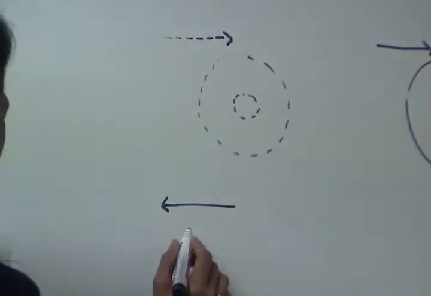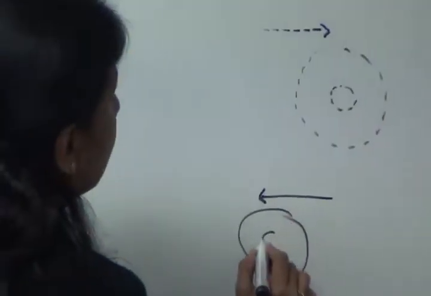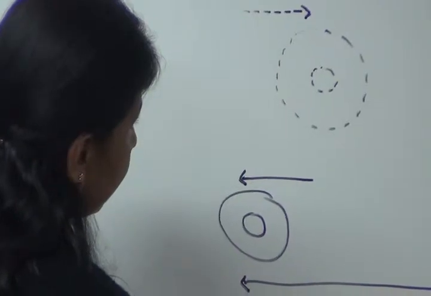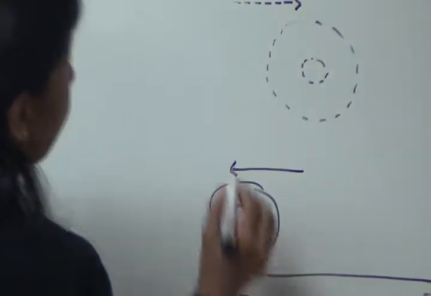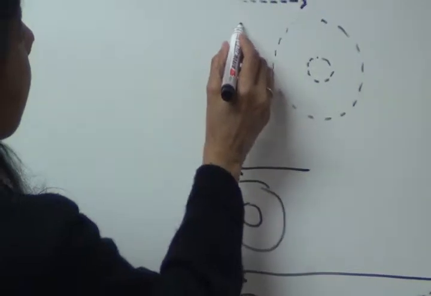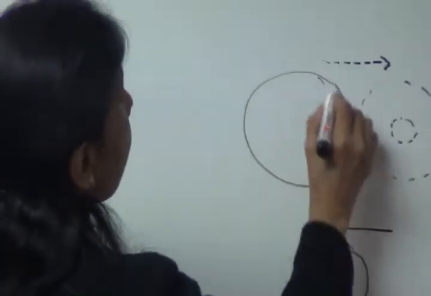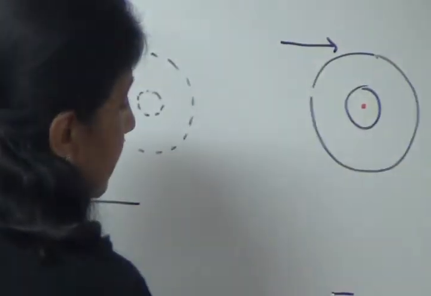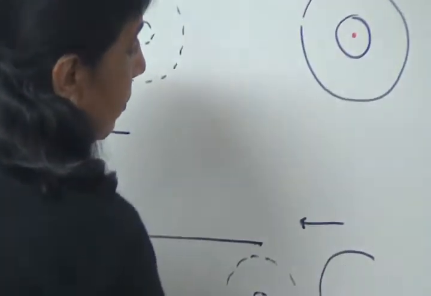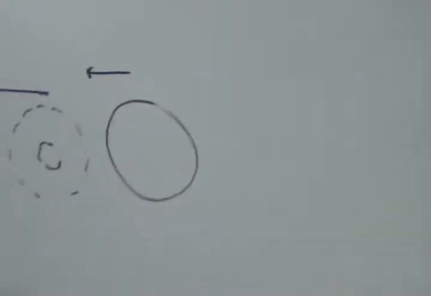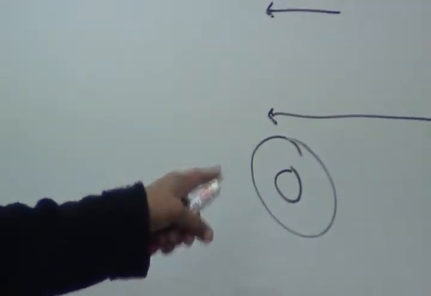To come again to become central. You understand? Yes or no? No complaint, please. Is that right? So, this eye will move this much when this eye is moving this much.